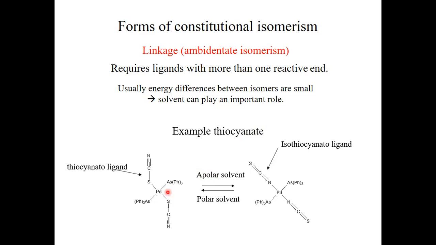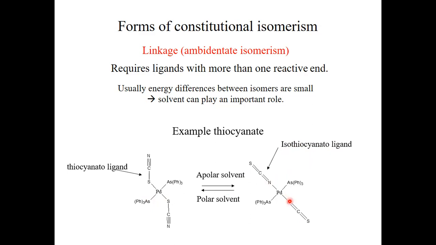So here we have a palladium complex in which we have two triphenylarsine ligands and two thiocyanato ligands in which the sulfur is being used as the reactive end. And here we have the respective isothiocyanato ligand. We call it isothiocyanato when this ligand uses nitrogen as the reactive end.